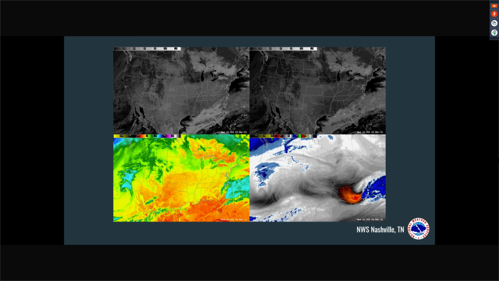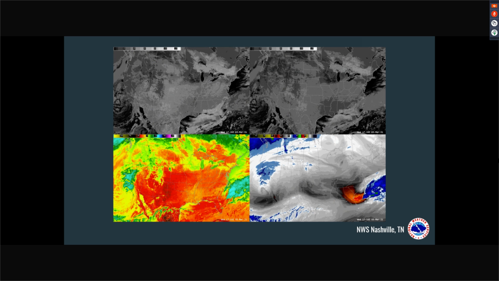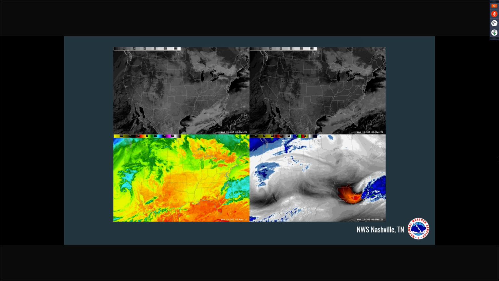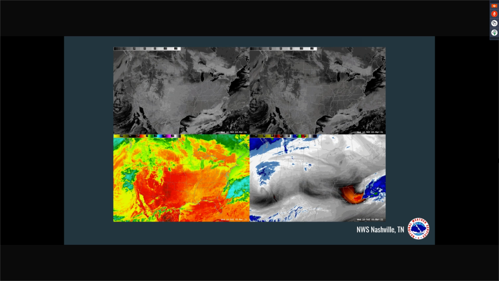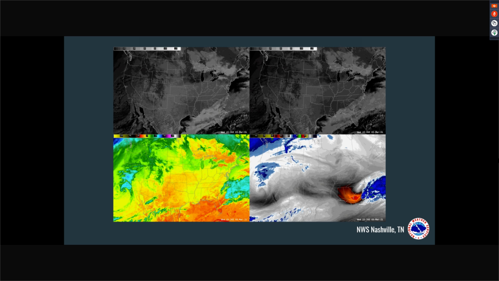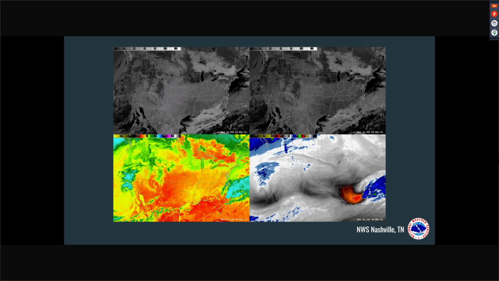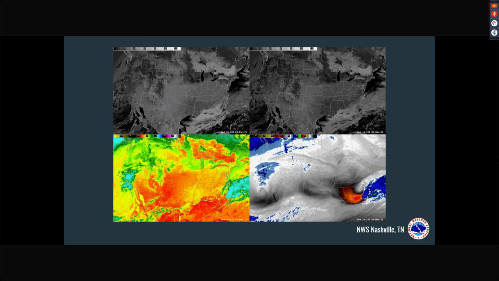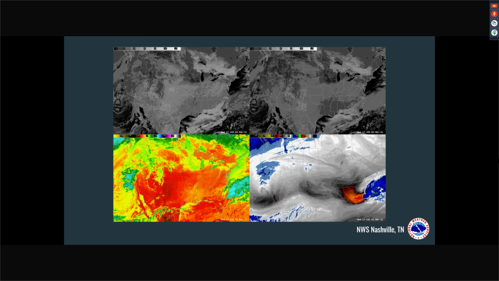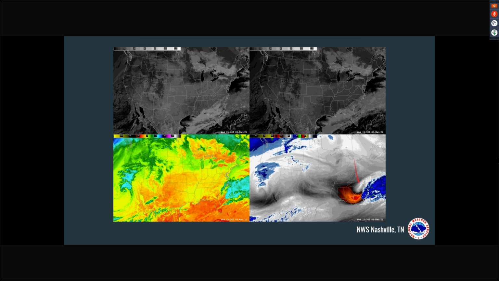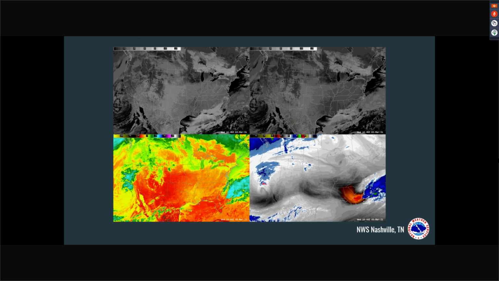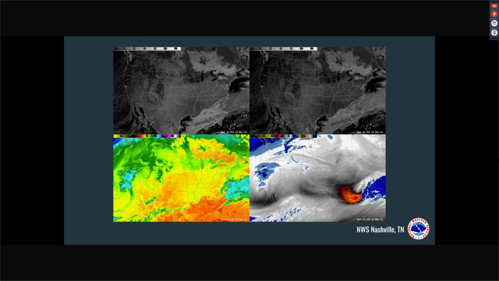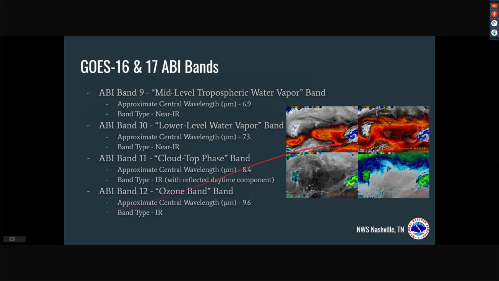And using upper level, mid-level, and low level, and I'll show the upper and mid, the lower and mid here in a minute, but using those 3 bands, kind of subtracting them from each other or looking at different things, gives us an idea of where troughs and ridges are located. So it's kind of difficult to see here in this image. You can still see the rotation of the low pressure here, but you guys will really start to see it when we move into our mid-level and low-level water vapor here.